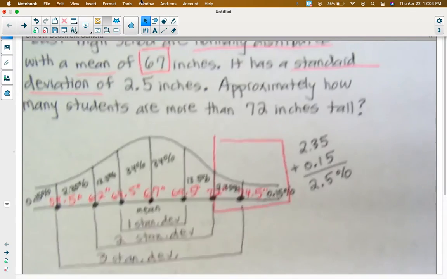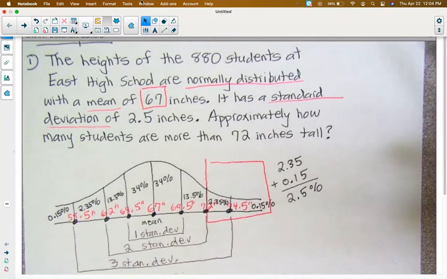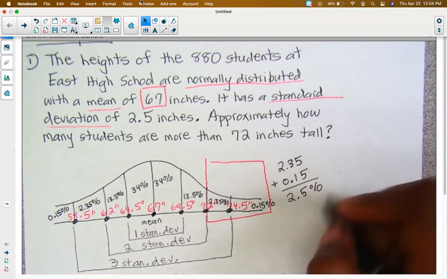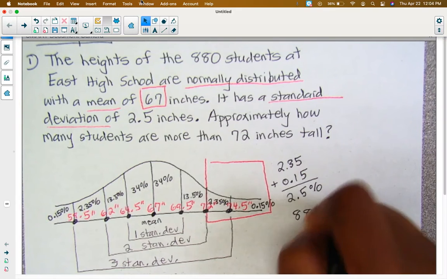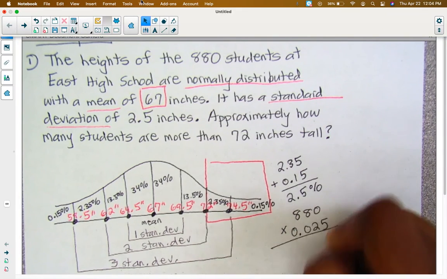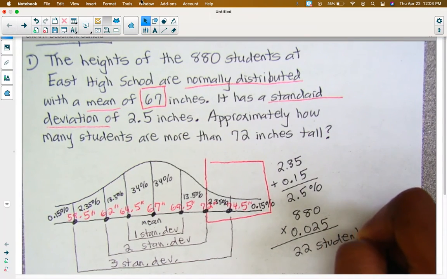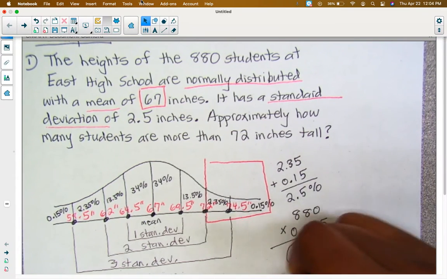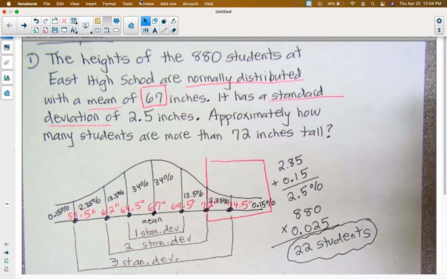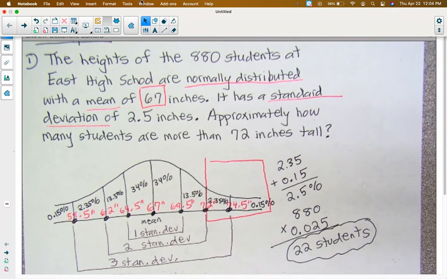Up here, I can see that there are 880 students at this school. So if we do 880 times 2.5% as a decimal, you get 22 students. So the answer to this question is 22 students. There are 22 students in the school that are taller than 72 inches.